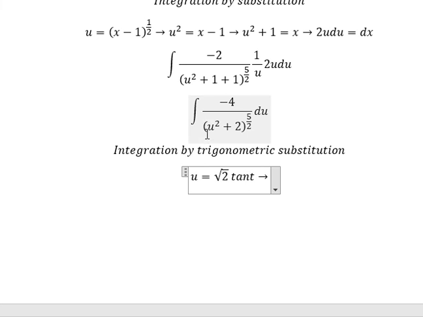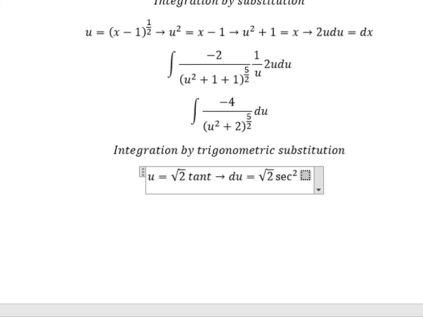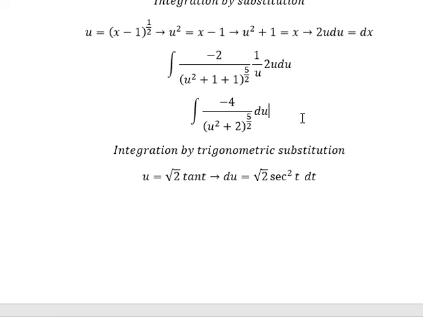Because if we put this one going here, we have 2 tan t square. Number 2, we can do factorization. Tan t square plus 1, we change to secant of t square. And later we simplify by du. Du, we will have the square root of number 2 secant of t square dt.